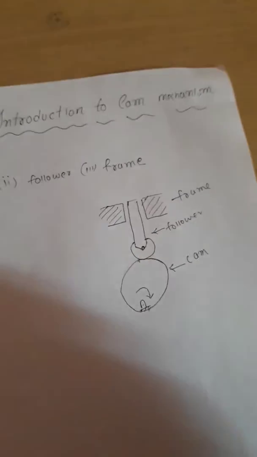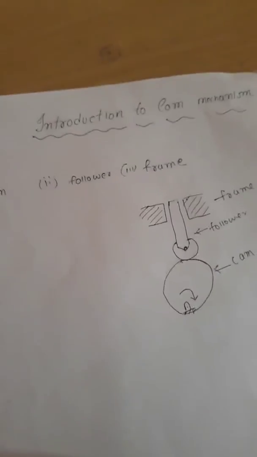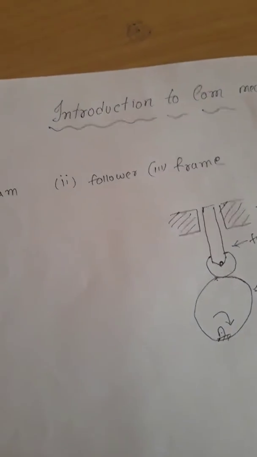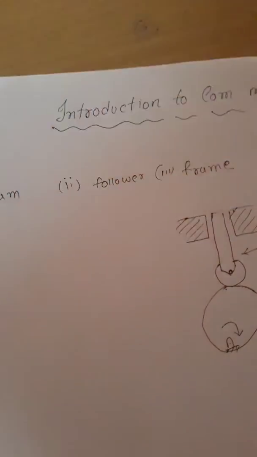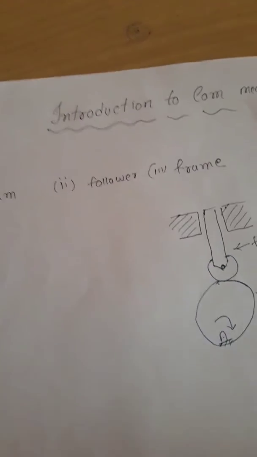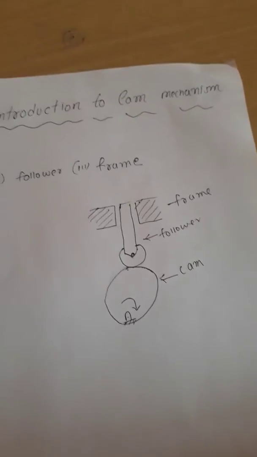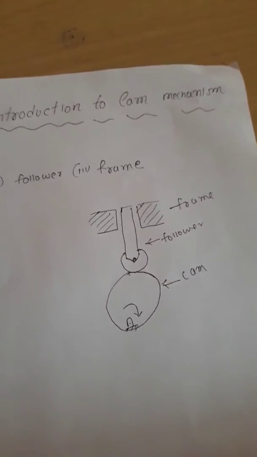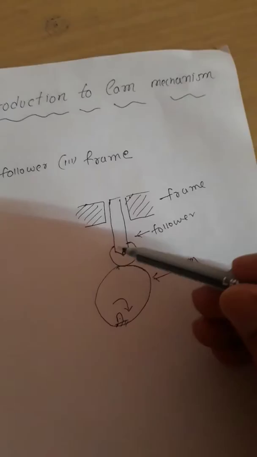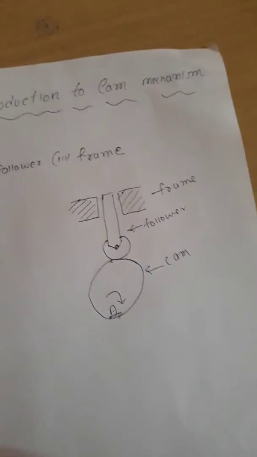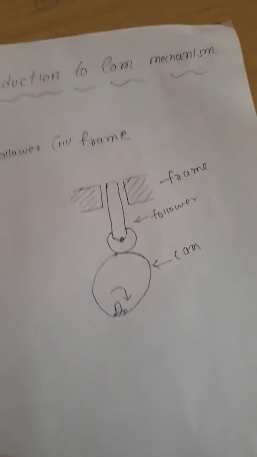First, what is the CAM? CAM is the rotating or reciprocating element which provides reciprocating or oscillating motion to the other element attached to it, known as the follower. The CAM and follower have a line contact or point contact, and therefore it constitutes a higher pair.